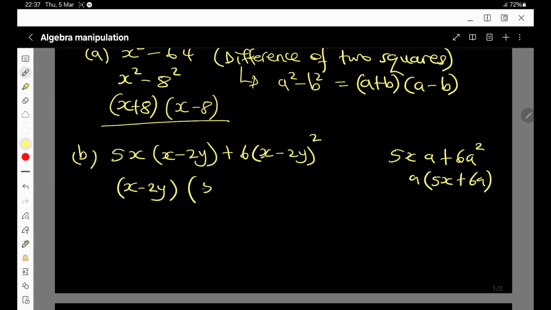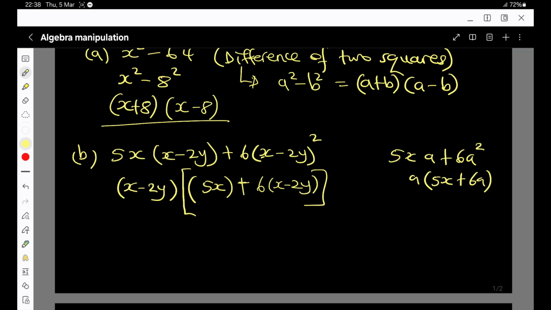What remains? It is 5x that remains plus, so this x minus 2y is multiplying whichever is inside, which is 5x and then plus 6 into x minus 2y.